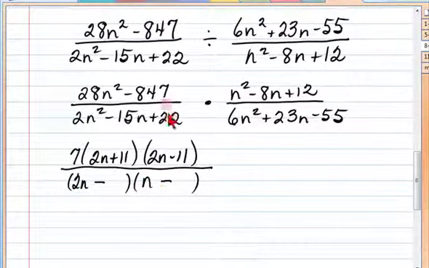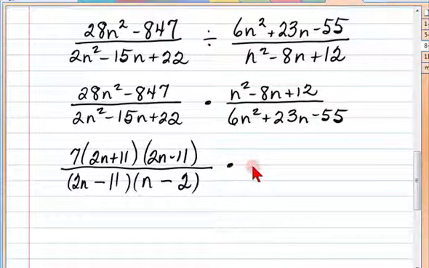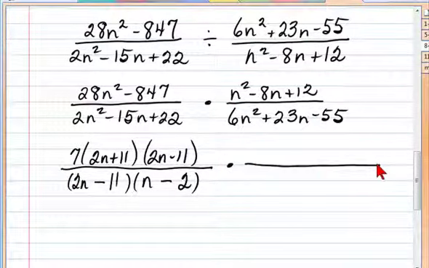I need factors of 22. What do you think I'll use? 22. 2 and 11. 11 and 2. Check them. They're right. I made them happen. I have the answers written right here. It's called cheating.